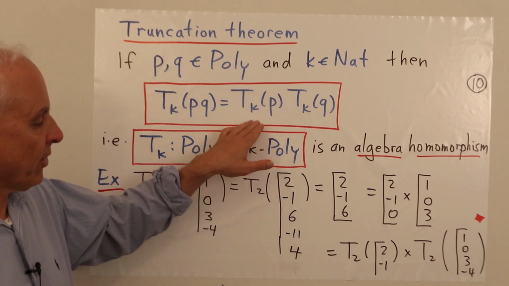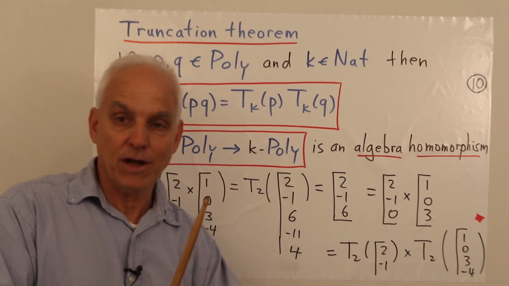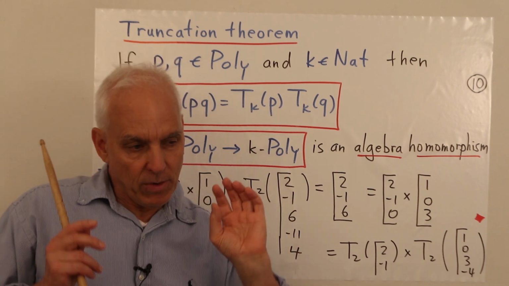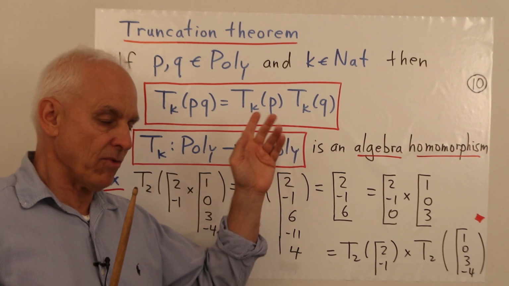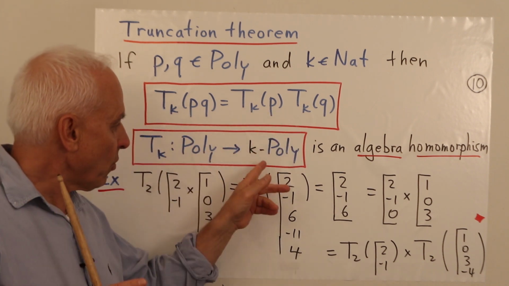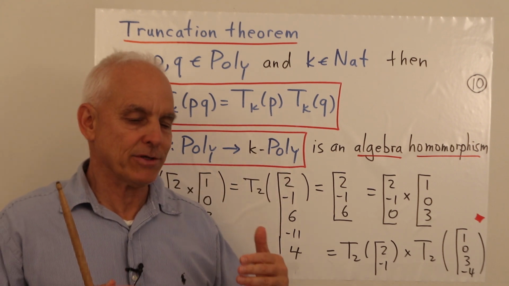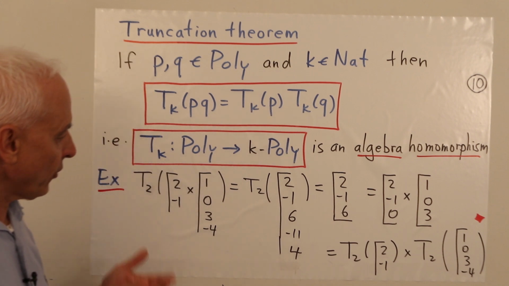So this is cleaner than the last time I talked about truncations, where we were just working in the context of polynumbers, and there we had to truncate again on the right-hand side to make things work out. Going into the world or the algebra of the k polys means that we have a cleaner algebraic structure.